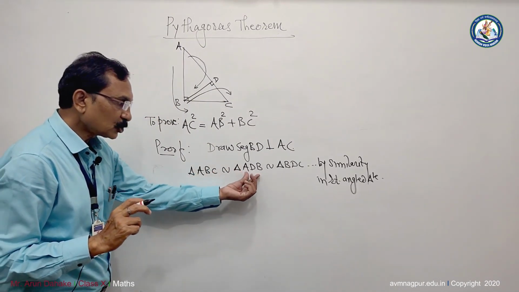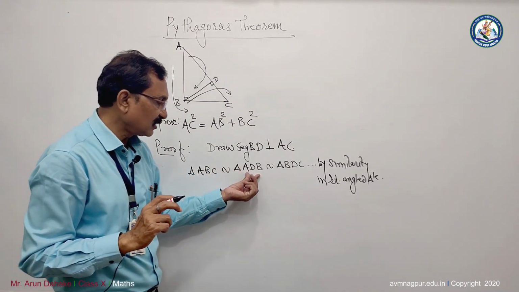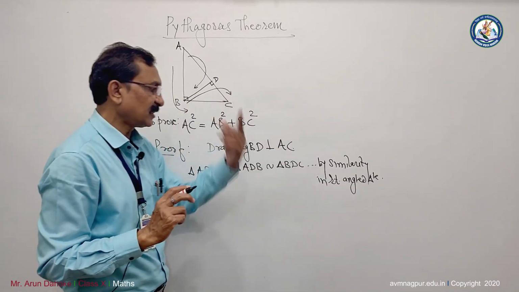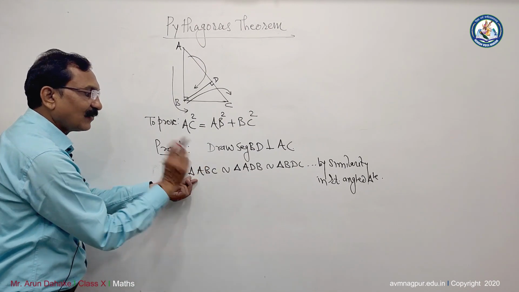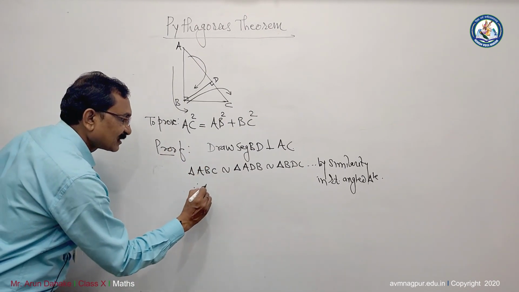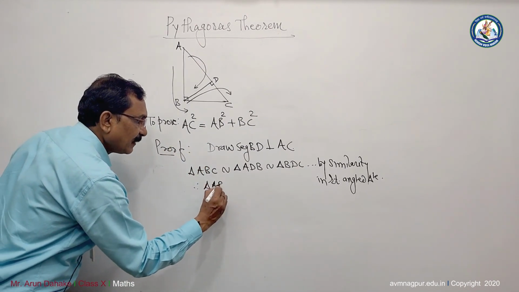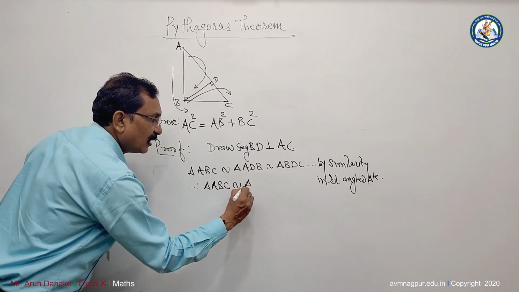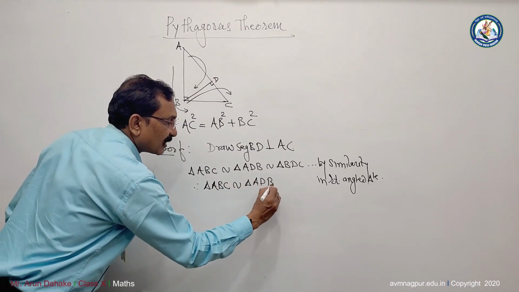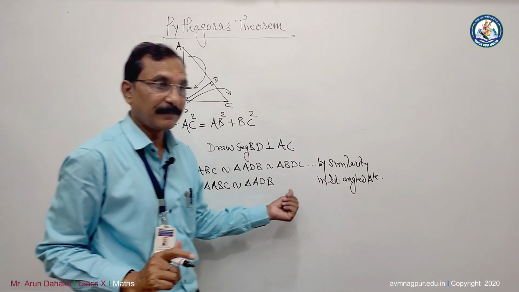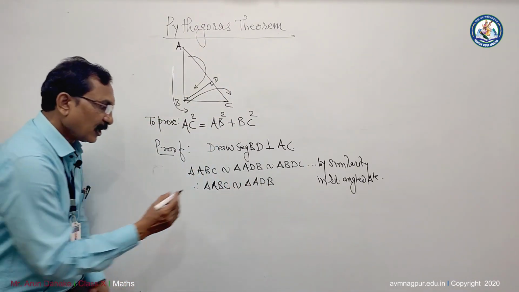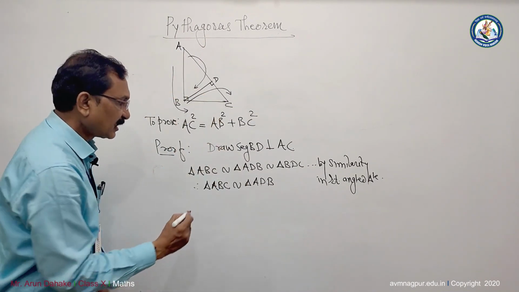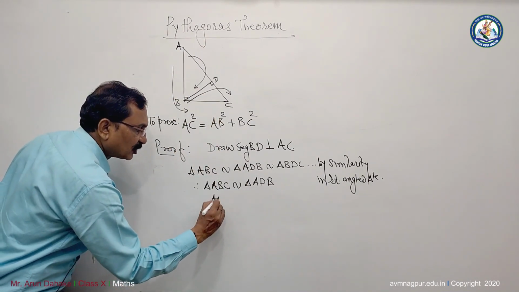The remaining two smaller triangles are right angle triangles ADB and BDC. You take the smaller triangle with the original one. So now consider this triangle ABC similar to triangle ADB. Consider this pair of triangles. And now if triangles are similar, then corresponding sides are in proportion.